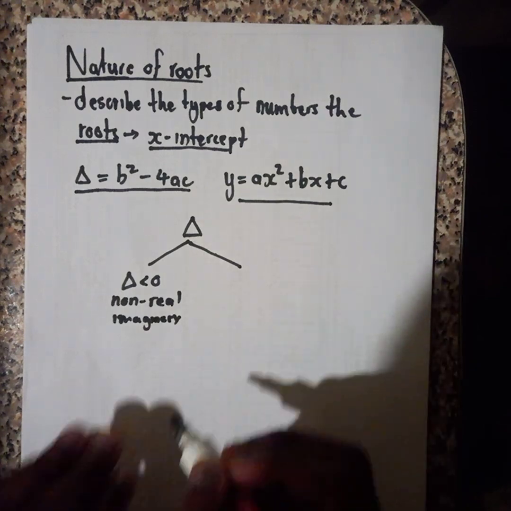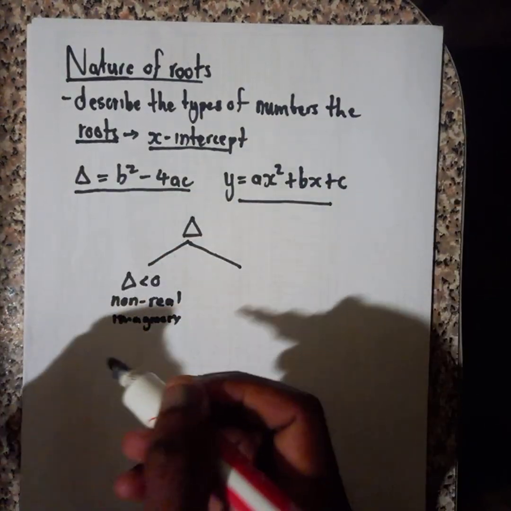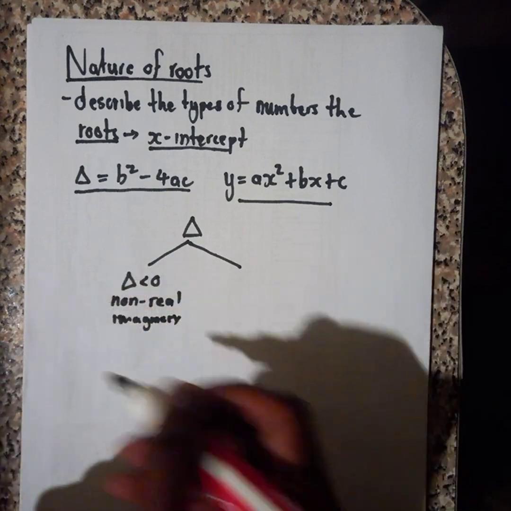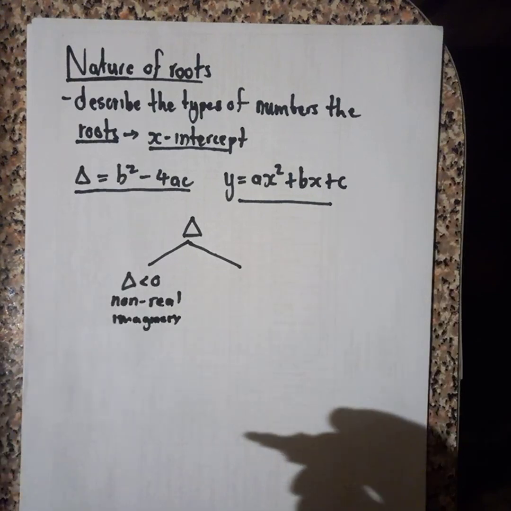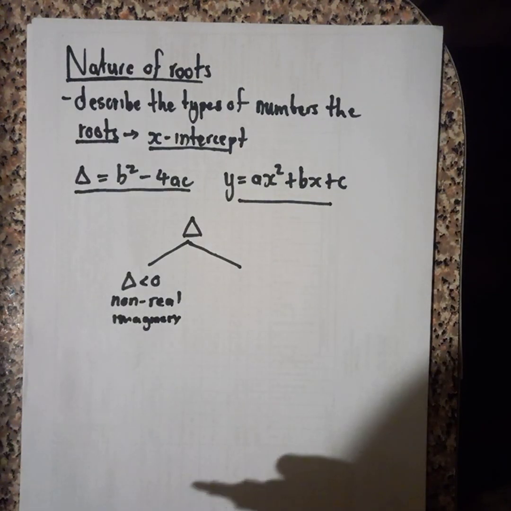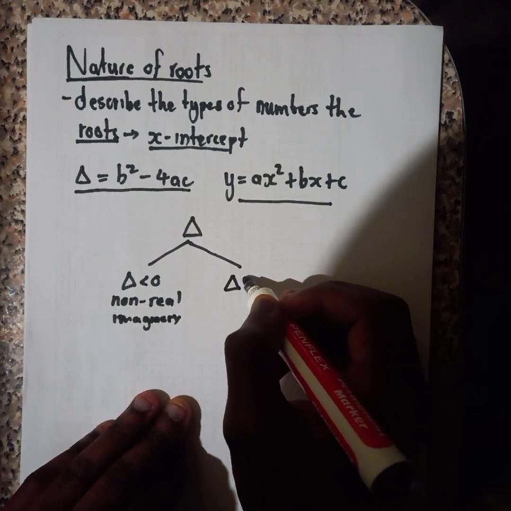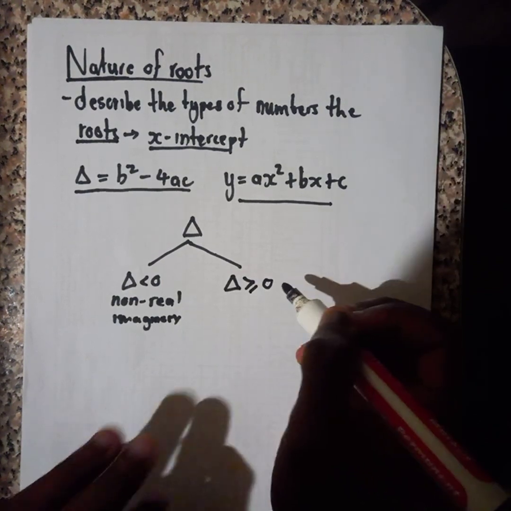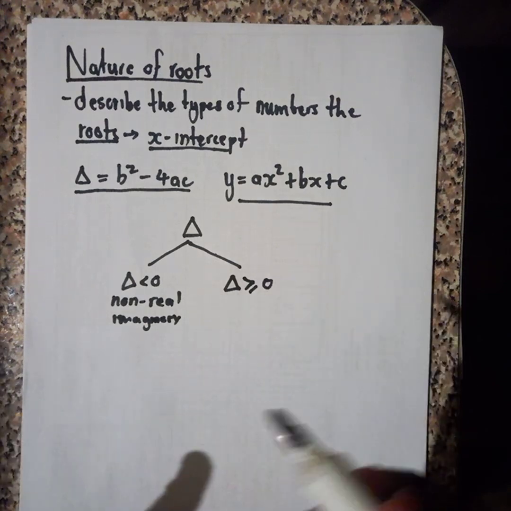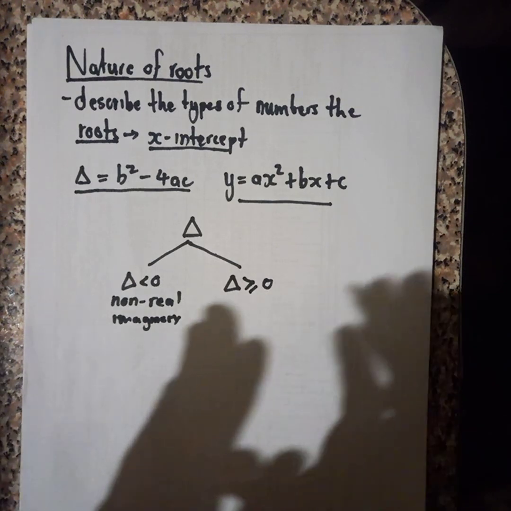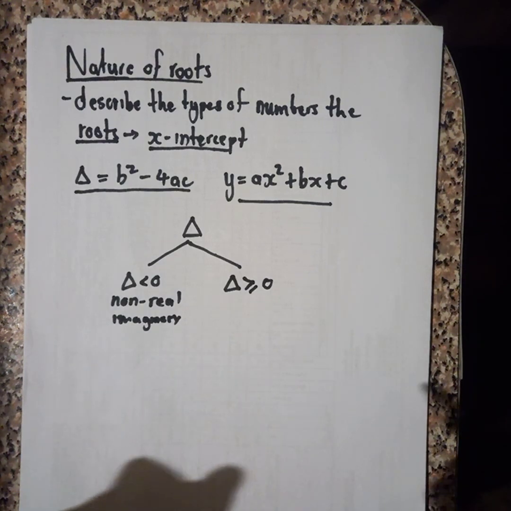Let us keep moving. This is the first condition we get whenever your discriminant is less than 0. Another condition is where your discriminant is greater than or equal to 0, let's say 0, 1, 2, 3, and you continue that way.